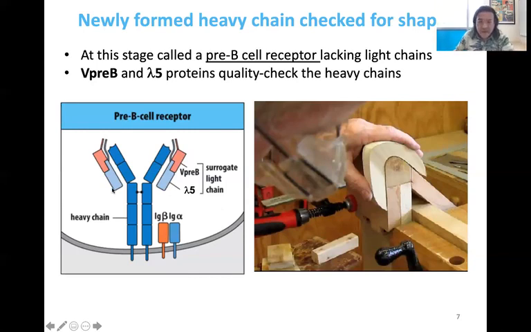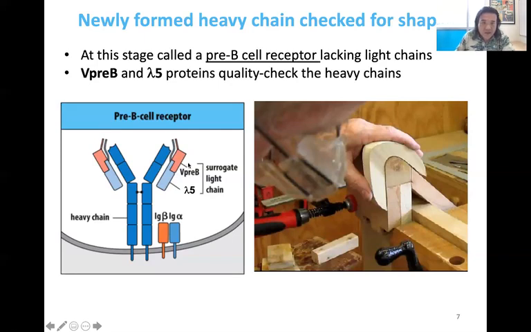The B cell has these other proteins, this V pre-B and lambda 5, that essentially are working to check the shape of this heavy chain to make sure it is the right shape, just like the little piece of wood that the woodworker is using to make sure that the corner of the pieces he's working on are the right angle, the right shape.